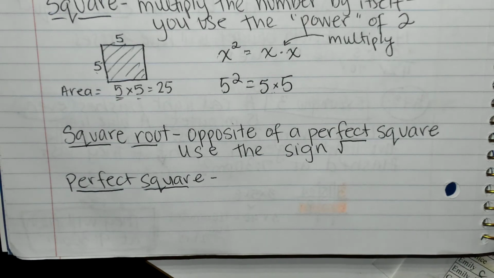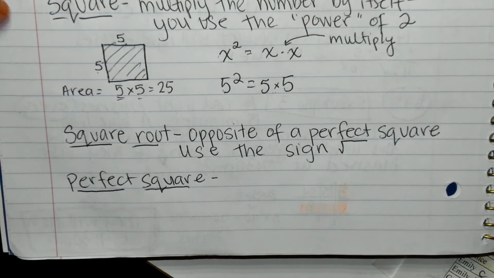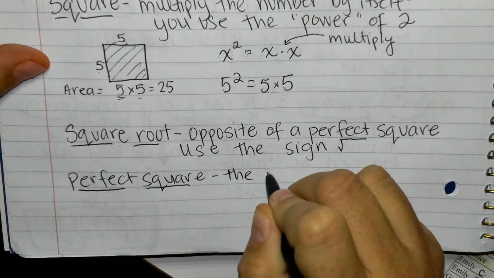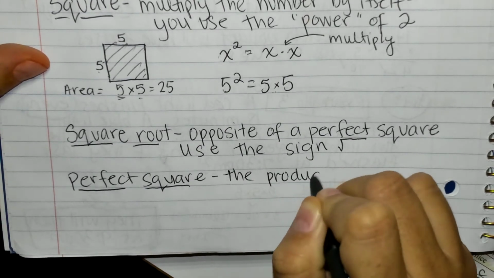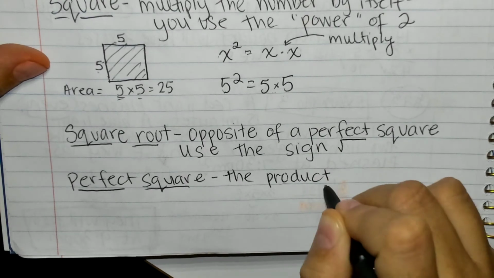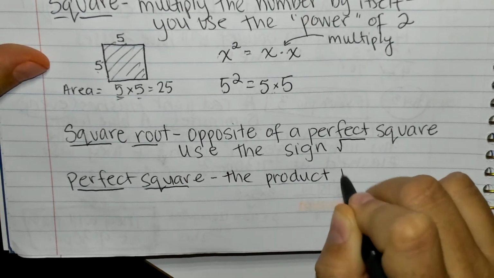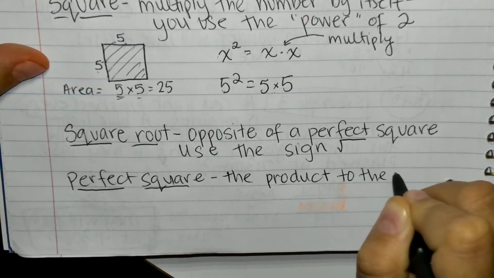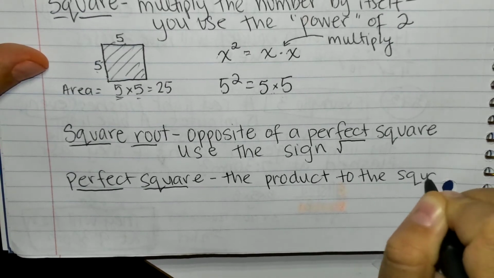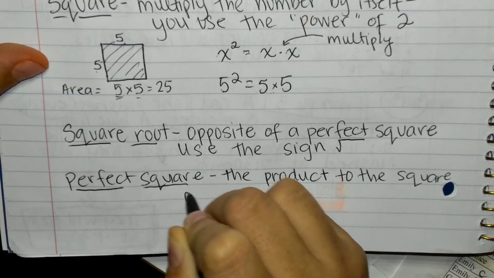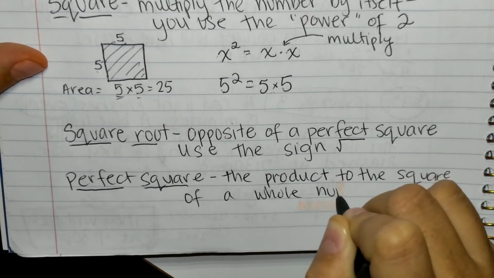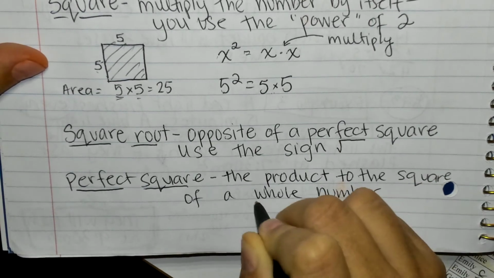The perfect squares only had 3 factors. Okay, a perfect square is the product. The product, remember, is the answer to a multiplication problem. The product to the square of a whole number. And it has to be a whole number.